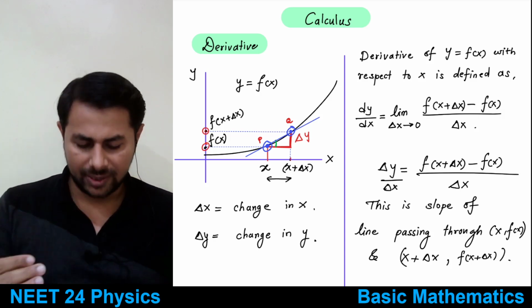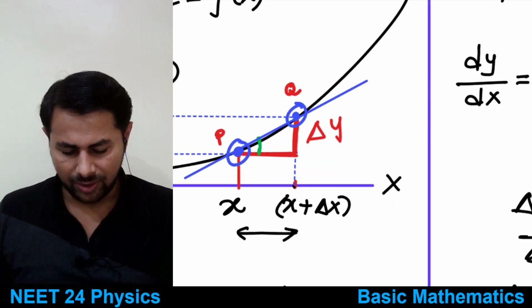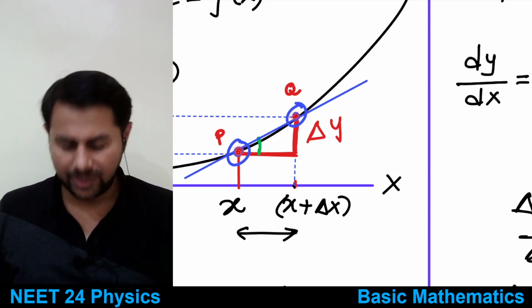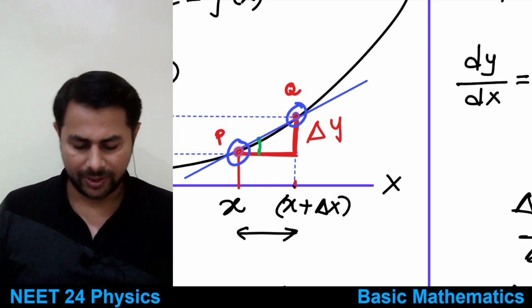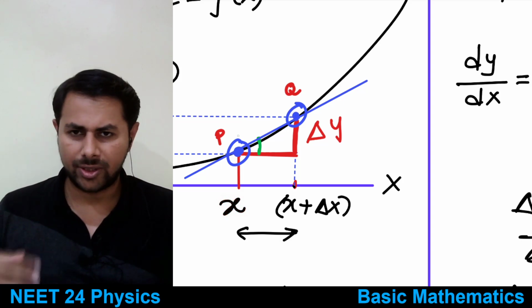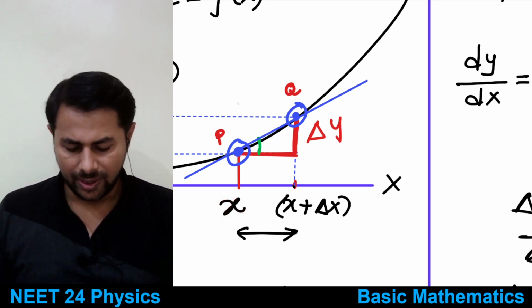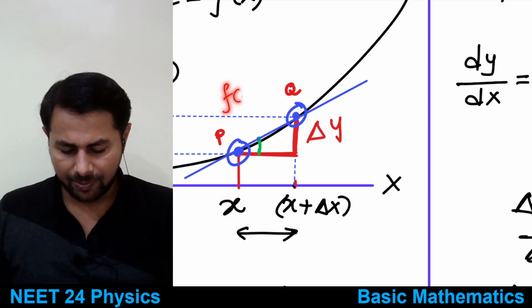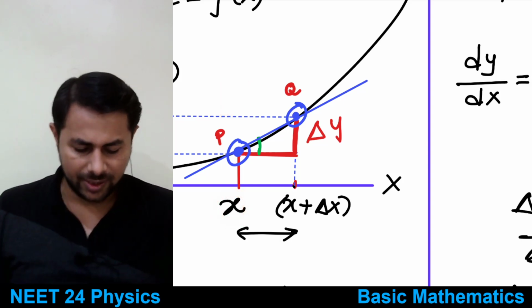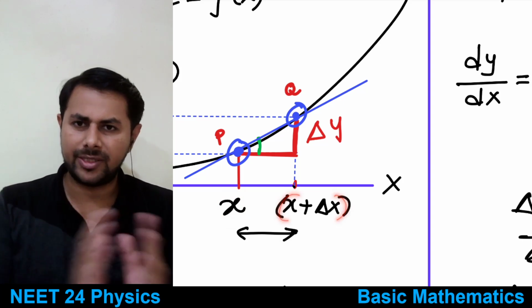So how do we write delta y? It is the value of y at this point minus the value of y at this point. At this point the x coordinate was x, the y coordinate was y. So what is y? It is f of x, function of x, but x is changing. At this point x becomes x plus delta x.